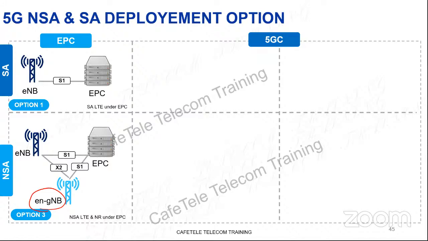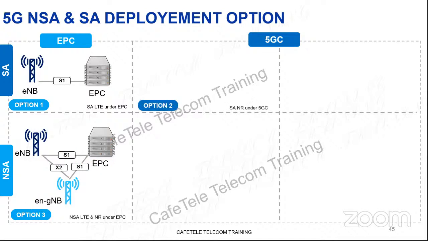The non-standalone base station uses multi-radio dual connectivity so that we can provide throughput and data plane across the eNode B and gNode B. So these two are connected to EPC. Here the nomenclature is still the same: we use the S1 interface. One eNode B is connected to the gNode B, and we use the X2 interface. gNode B is connected to EPC, and we use the S1 interface.